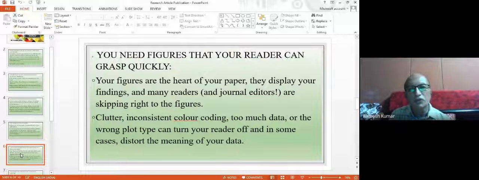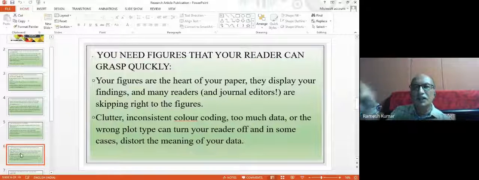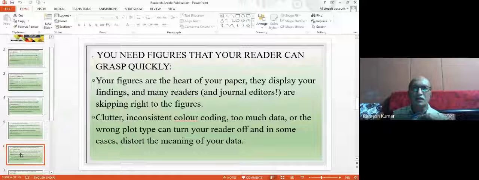If you are unable to do that, obviously the editor stops maybe in the first paragraph itself and says this is not a proper thing. And many times that's what happens. Remember, editors of the journals do not have too much time to go through your entire content.